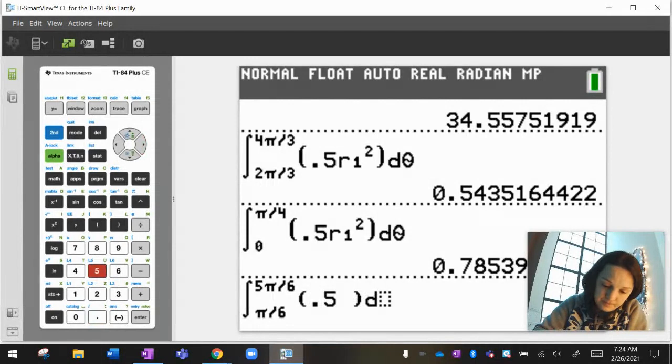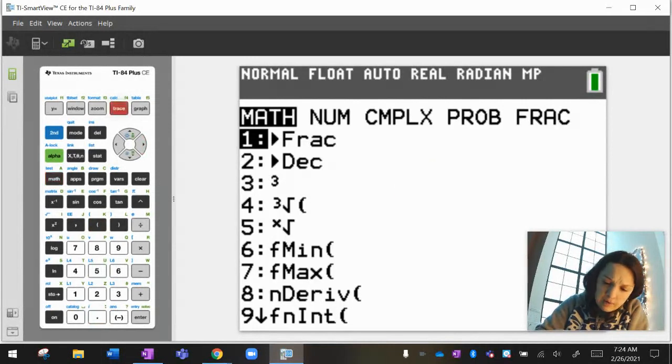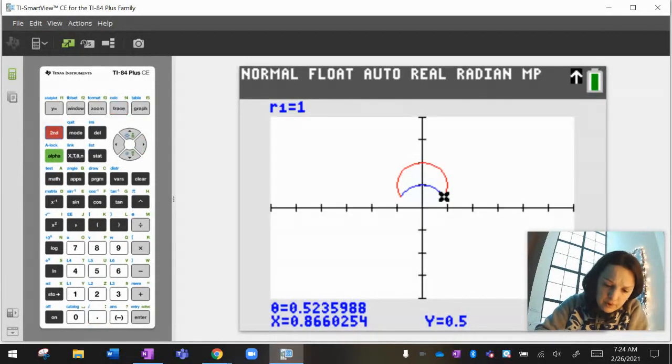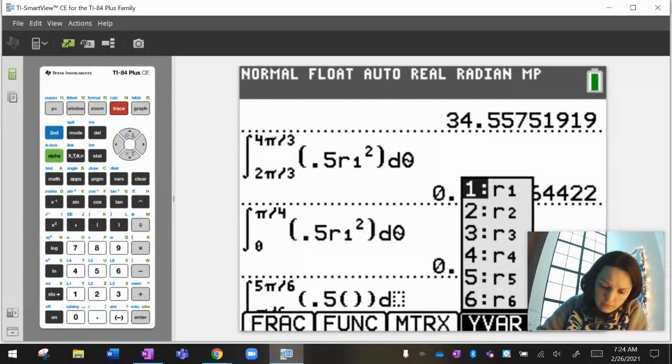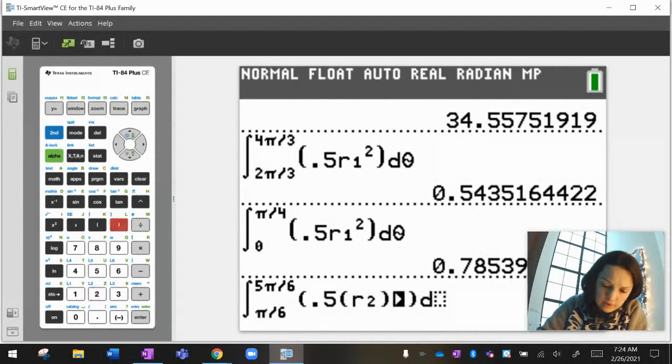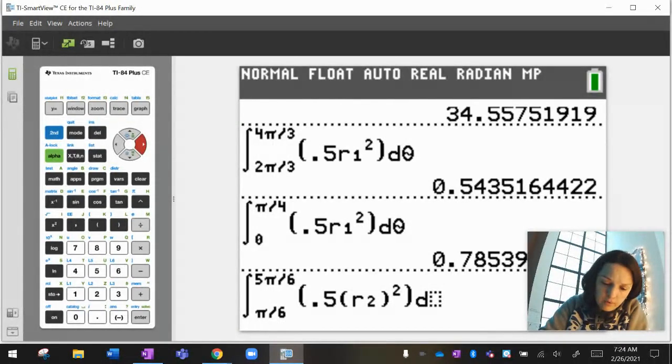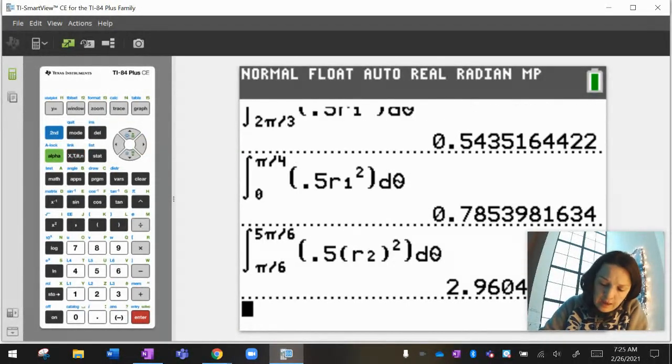I get it. So I am going to, nope, I still can't hit the right buttons today, folks. I am going to do 1/2 the outer radius squared. There we go. And then I'm going to subtract.